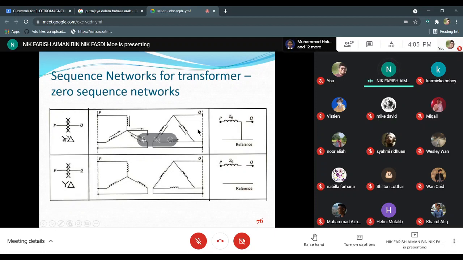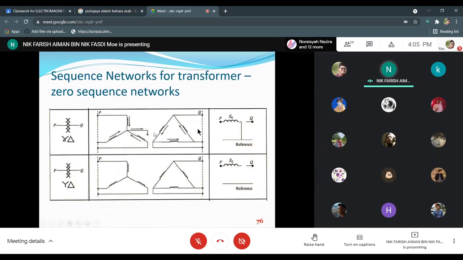Okay, the next one is what? Okay, for the delta connection, Y delta. So this one, even though at the delta dia tak ada ground, tapi current can circulate. IN will circulate in the winding of primary. Ini dia winding lah.